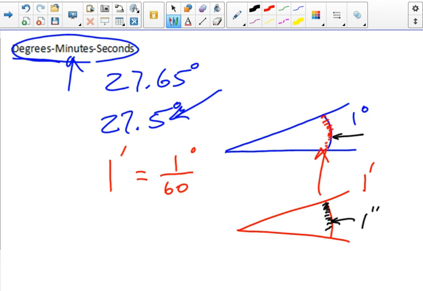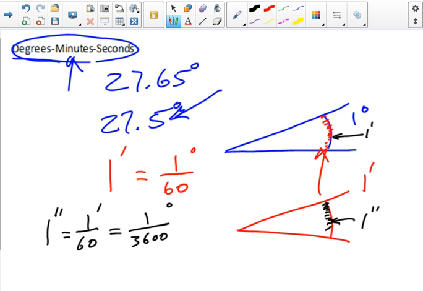So one of those is a second, and one of these would be 1 minute. So 1 second is equal to 1/60th of a minute, which means, and this is going to be important later, it is 1/3600th of a degree.